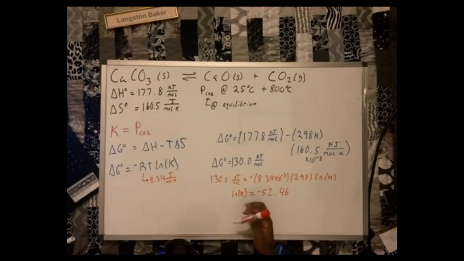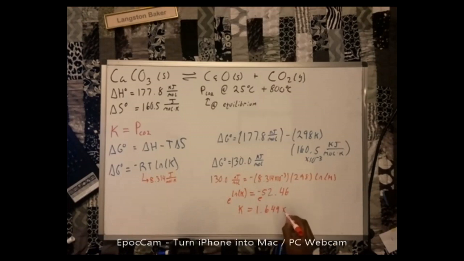And so K, just do everything to the e. K is 1.649 times 10 to the negative 23rd, which is also our partial pressure of CO2.